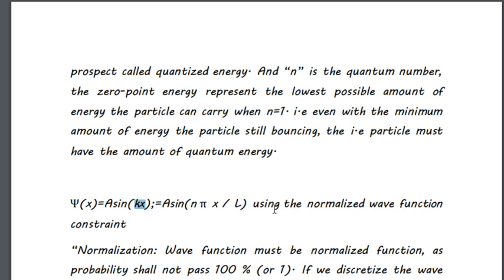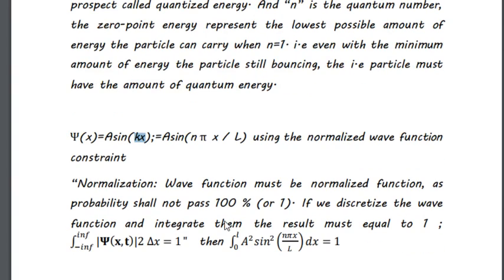Using the normalized wave function constraint, as previously stated, normalization is a condition for the wave function to be physically measurable and meaningful, as it has a statistical and probability definition. In general, the probability shall not be more than 1, since there is 100% probability of finding the particle in the wave function. If we integrate the wave function, the result must equal 1.